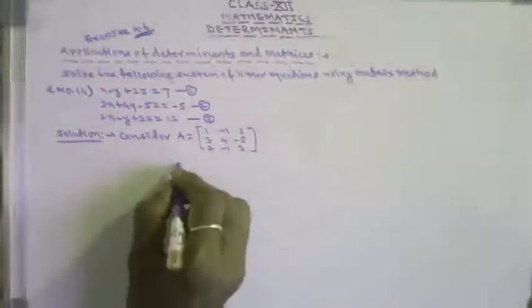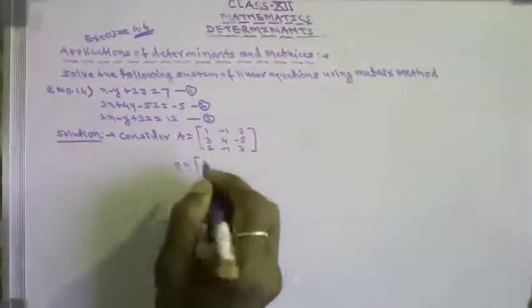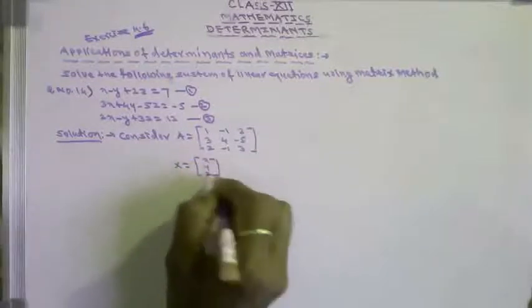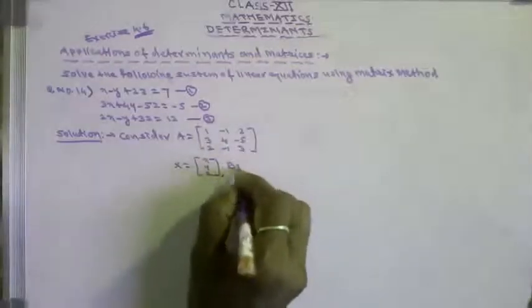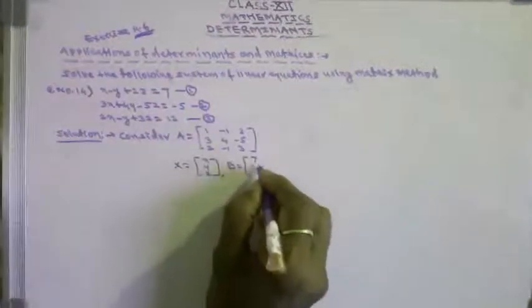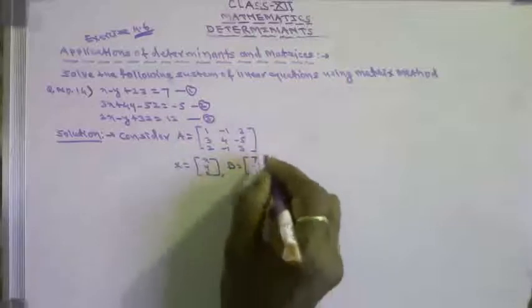Then capital X will be, now there are 3 variables, so X, Y, Z, and capital B equals the constant numbers on the right hand side, 7, minus 5 and 12.